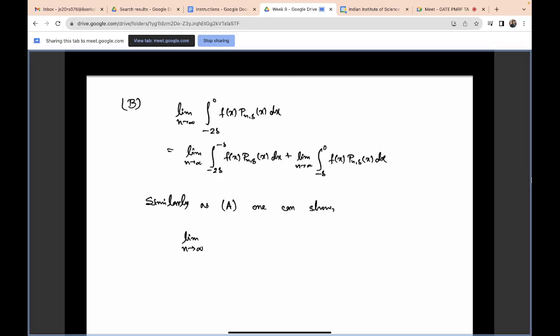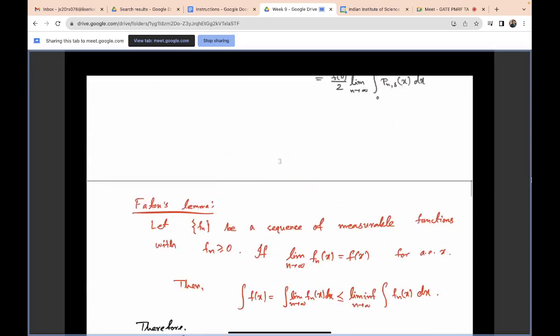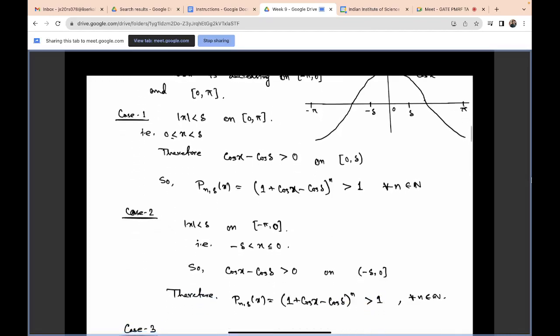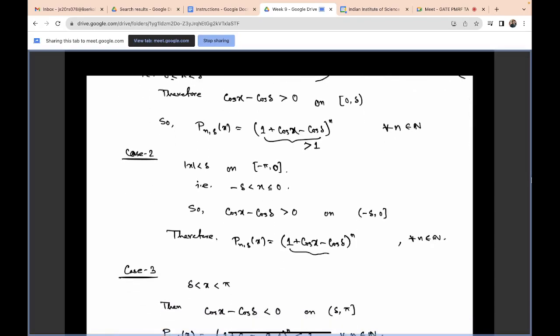Because P_n,delta in minus delta to 0 is again, I think, case 2. So for P_n,delta, basically the integrand, let me write it, then it will be clear for you. This is bigger than 1 and this is bigger than 1.